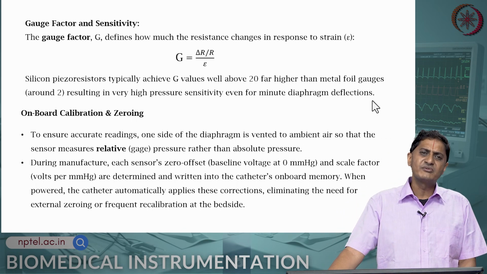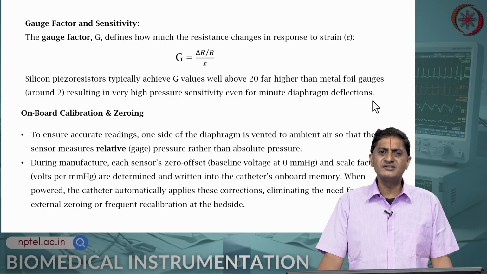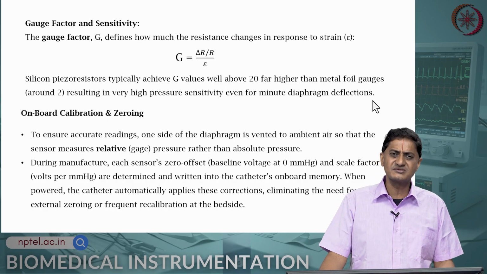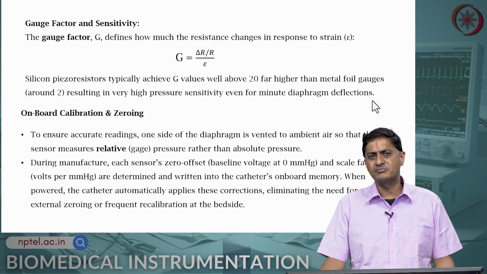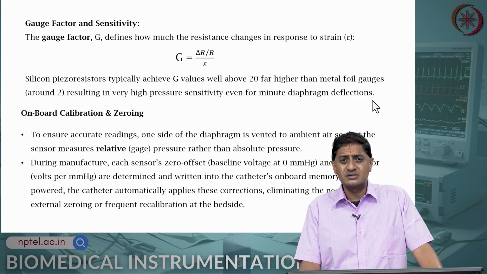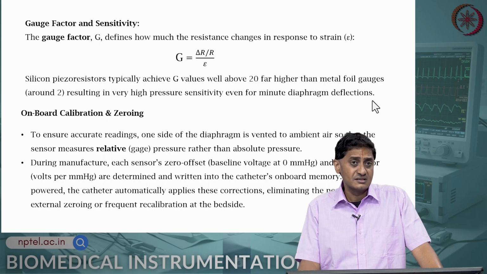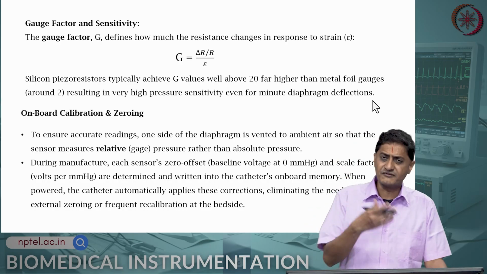If you recall from our previous discussion, gauge factor is a critical performance criterion for a strain gauge. How much the resistance changes in response to a strain is what defines the gauge factor. Let us start with metals.